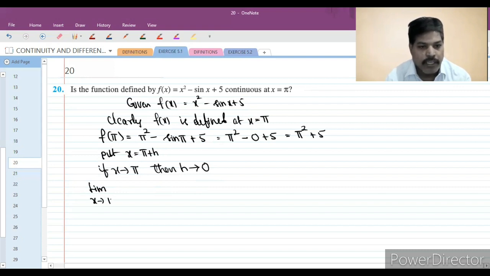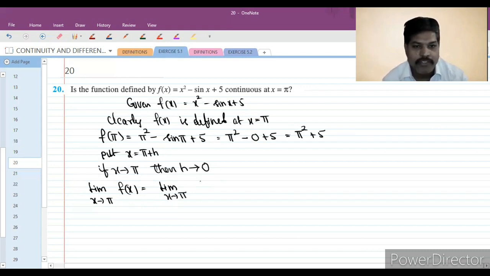Then we will calculate the limit x tends to pi, f of x. What is f of x, students? x square minus sine x plus 5.